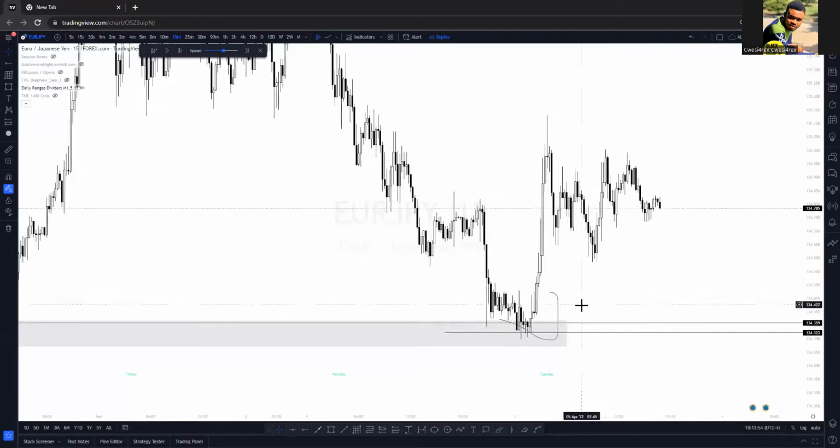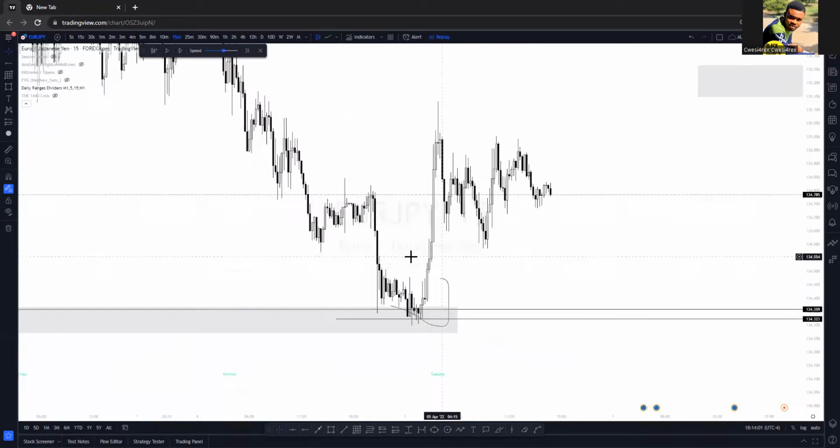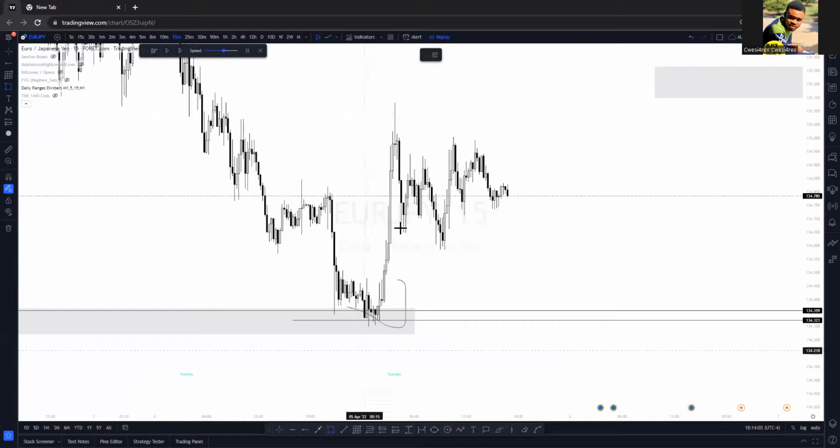You can see price moved really, really aggressively past this, so there's no way you should be expecting price to move all the way down to this place, because you can see the momentum at which price broke the structure, right? Over here, sometimes price plays the breaker.